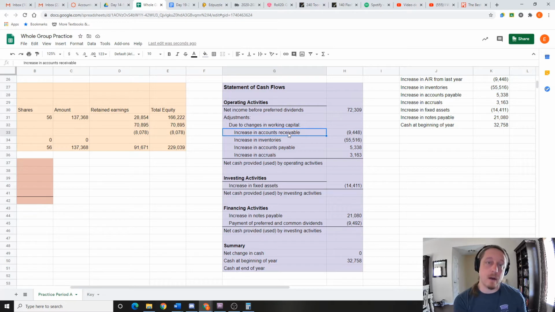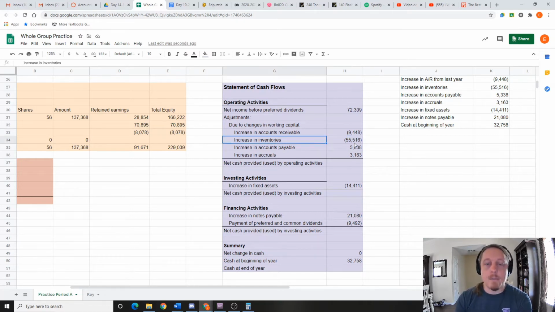A customer promises to pay, but they haven't paid the bill yet, so we don't have that cash. Remember, the cash flow statement is all about cash. So we're going to make this a negative number, which is why it's in parentheses. It takes away from my net income because it's not like we lost that money, but that's not cash in the bank, and that's what we're trying to look at.